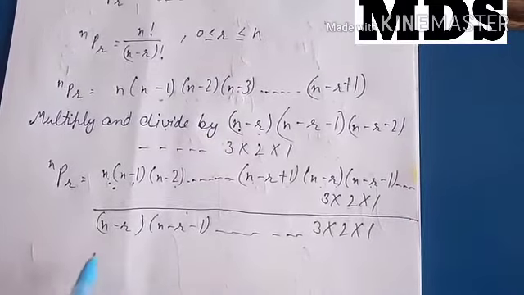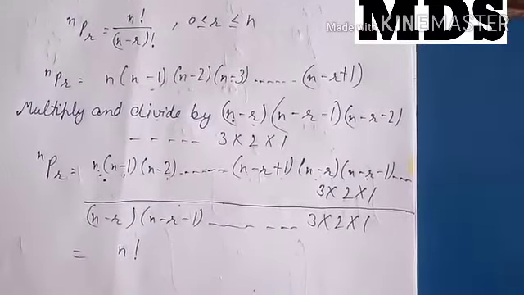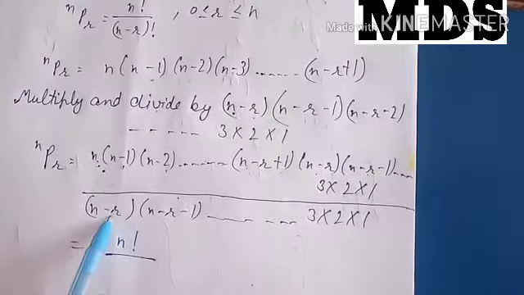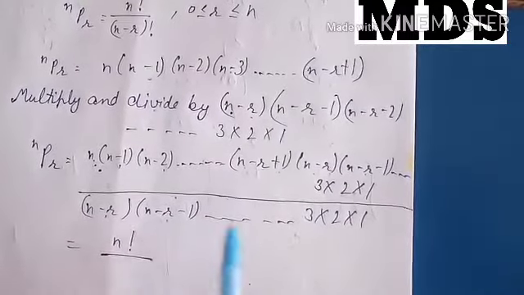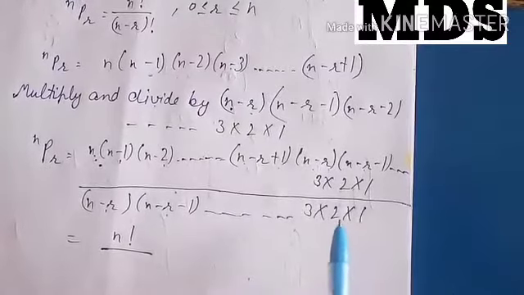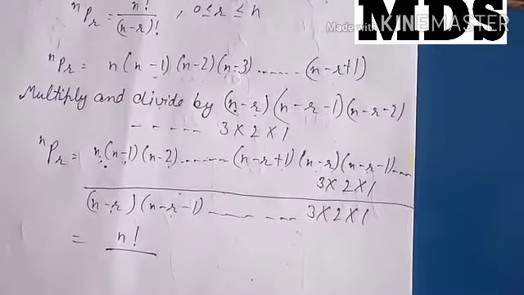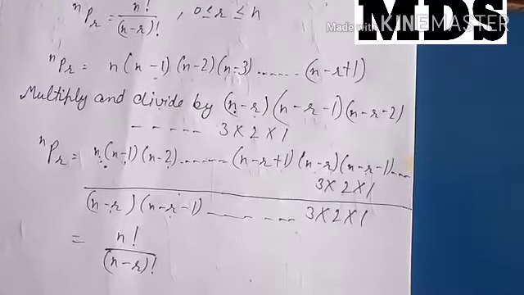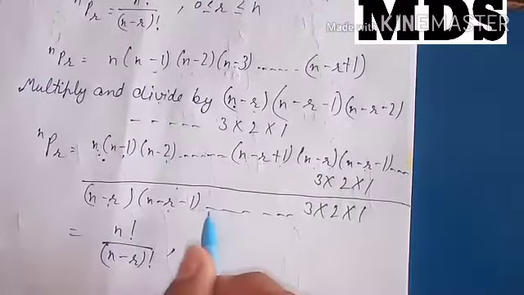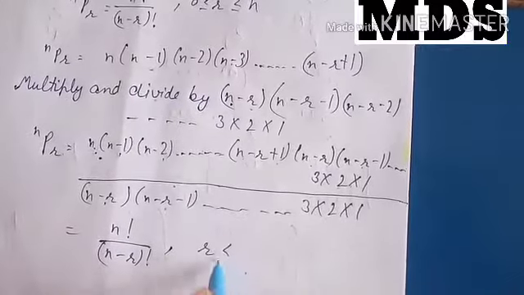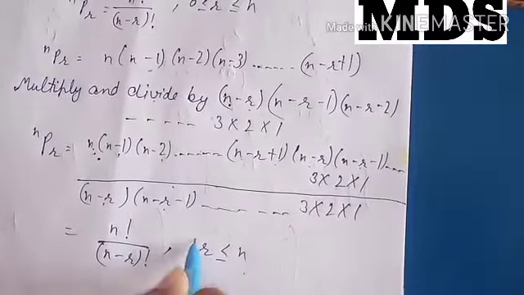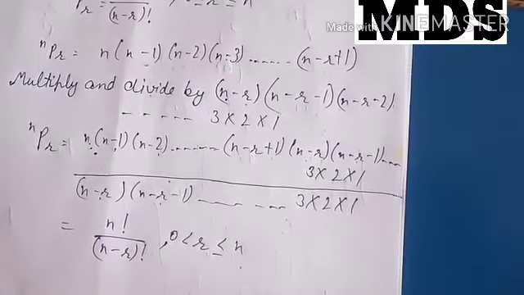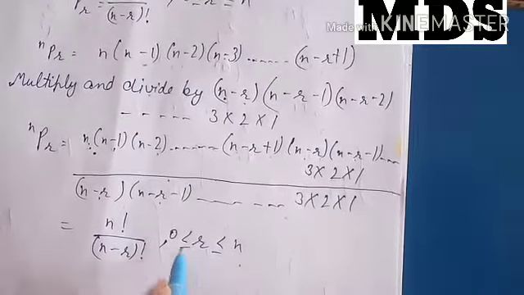So that means it is equal to n factorial divided by n minus r into n minus r minus 1 into n minus r minus 2, in this way till 3 into 2 into 1. So that means it is n minus r factorial, where now the value of r should be less than or equal to n but greater than or equal to 0. You can take 0 also here.